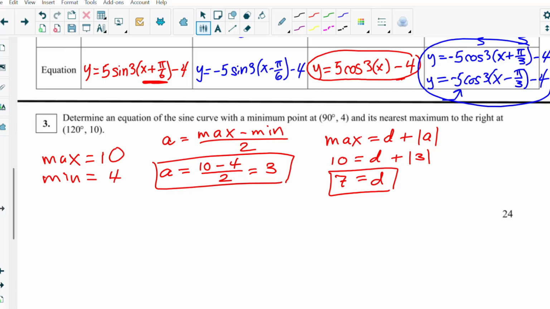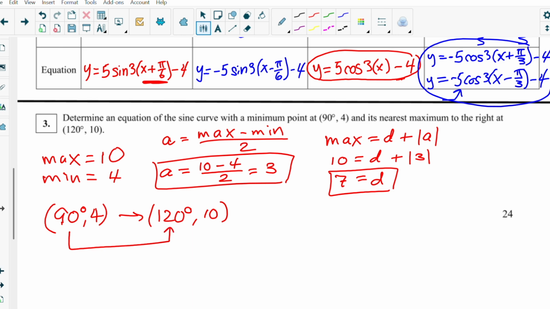Let's look at B value. Okay, so at 90 degrees, 4 to 120 degrees, 10, from 90 to 120, when I go from a min to a max, okay, I know that is half a period.